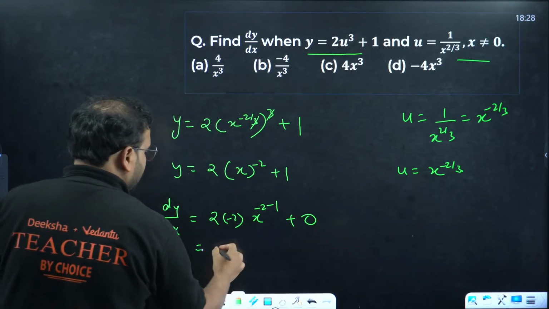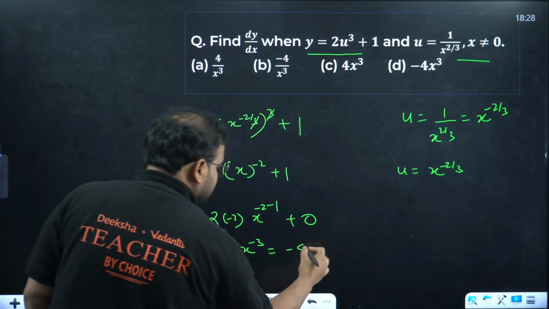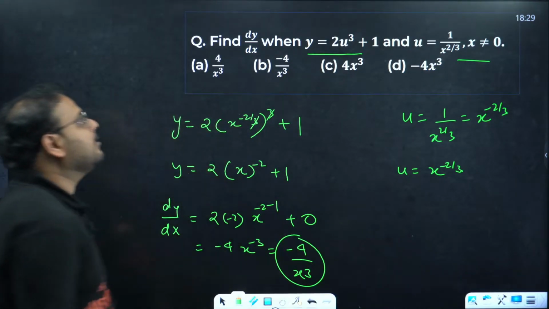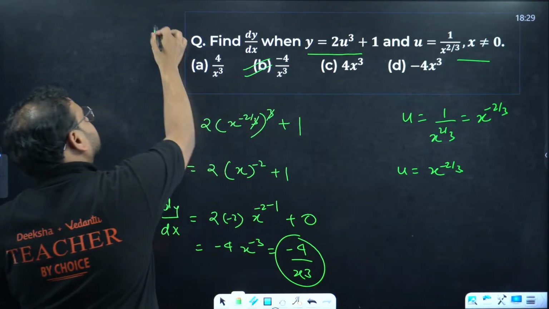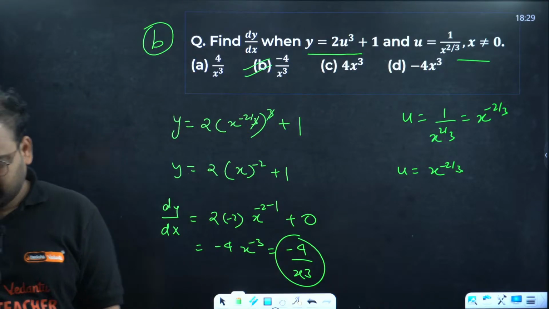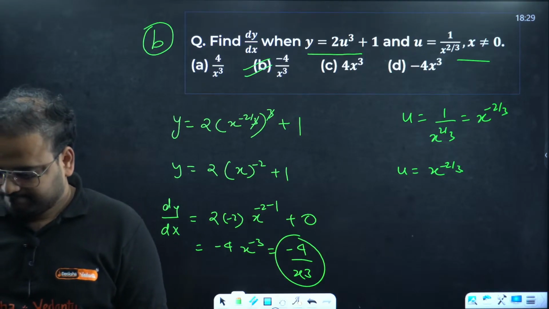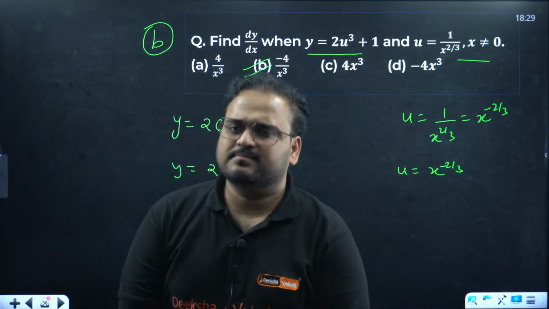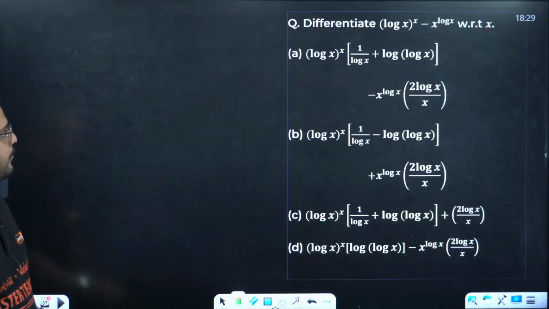It becomes minus 4 x power minus 3. That's nothing but minus 4 upon x cube. Clear? Any doubt in this? Not really, right? Very simple problem, a simple question on the polynomial.